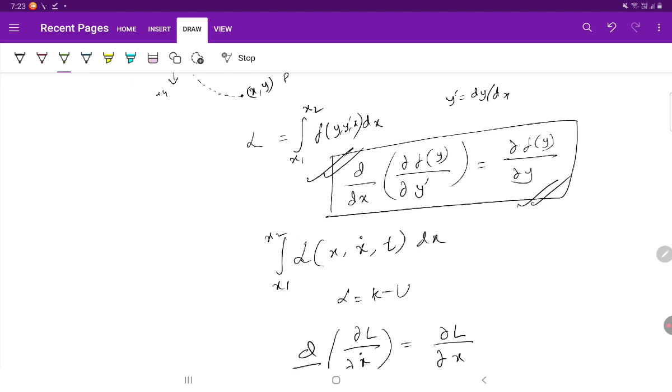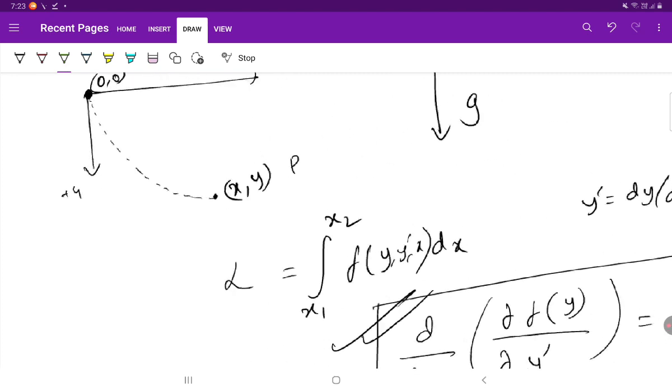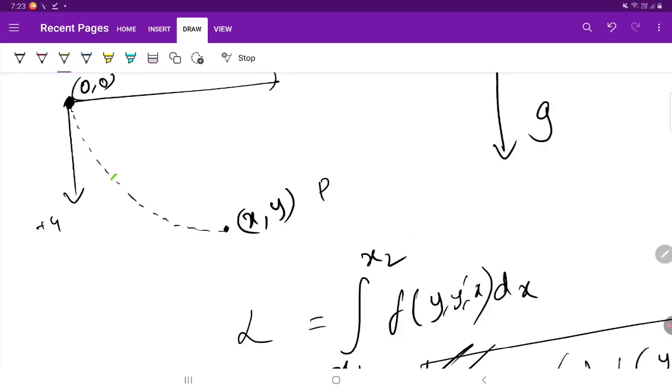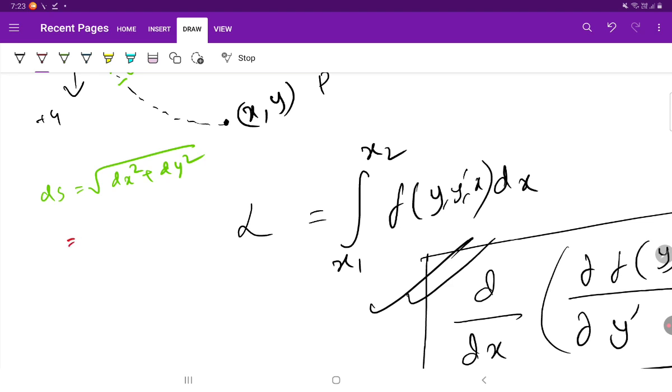Now for this case, where it's a projectile, consider a small displacement of ds. Now I can write ds to be the square root of dx square plus dy square. Taking dx common, we get the square root of 1 plus y dash square times dx.